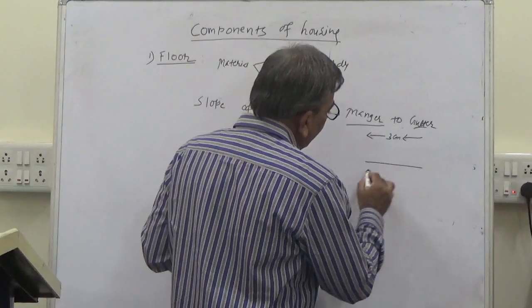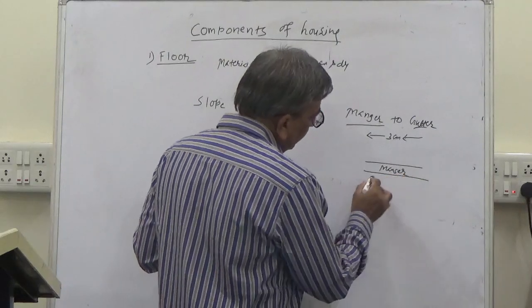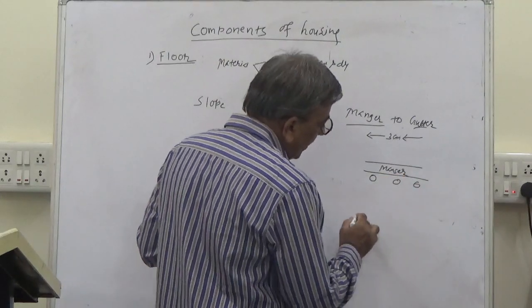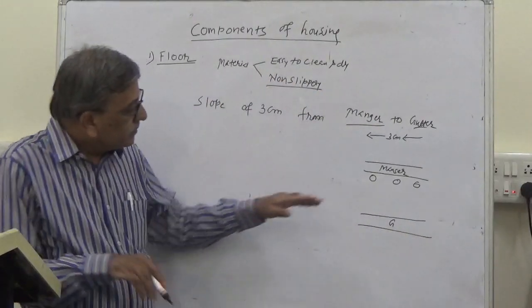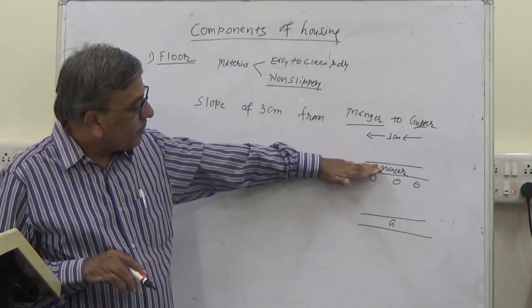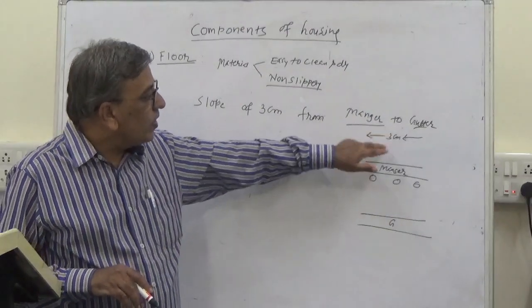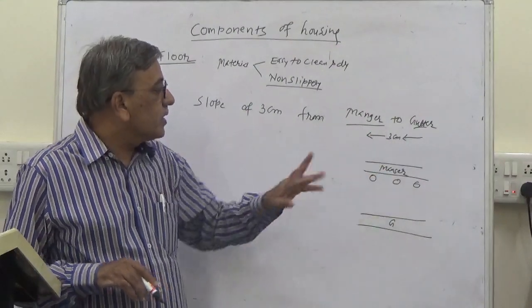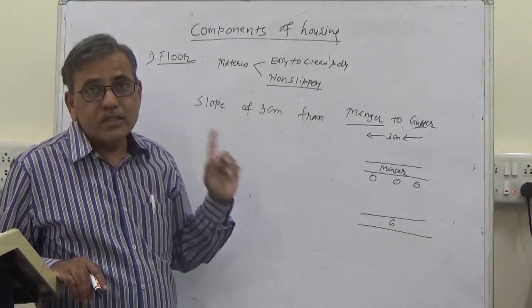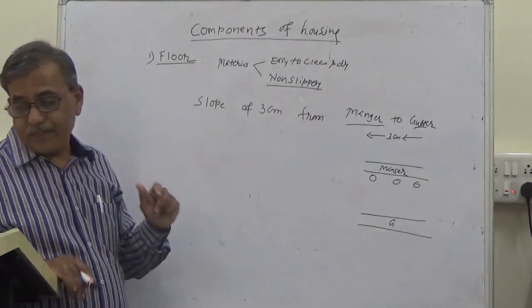Suppose this is manger, these are the animals, and at the back side there is gutter. So it should be at a higher plane as compared to gutter, and the slope should be of 3 centimeters. This is another specification which should be considered while constructing the floor of a dairy house.